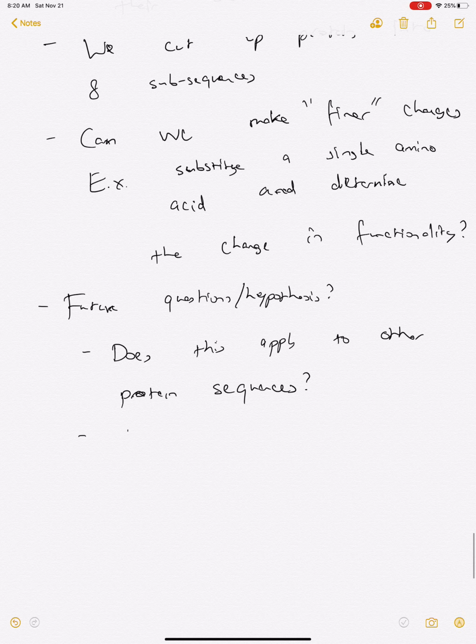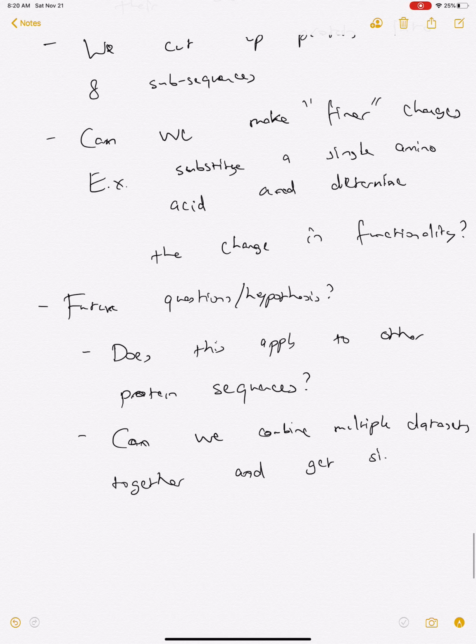Can we combine multiple data sets together and get a similar conclusion? As I mentioned, there are multiple protein families.